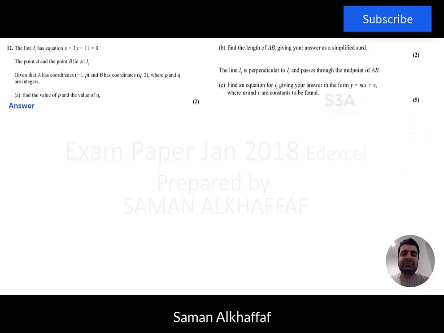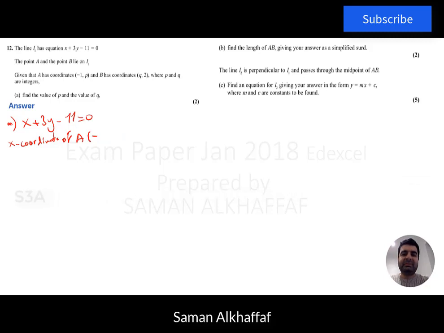So we'll start by writing the equation. We have x plus 3y minus 11 equal 0. First we use the x coordinate of A and sub it into the equation.